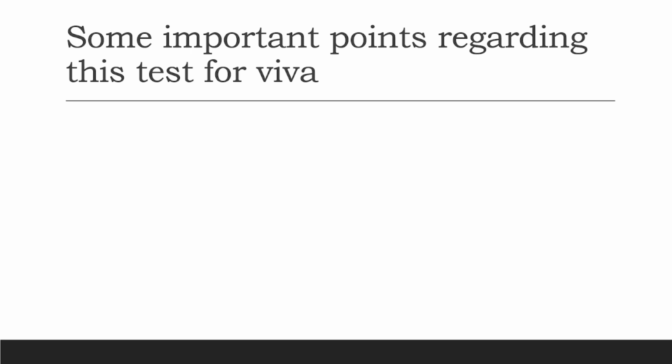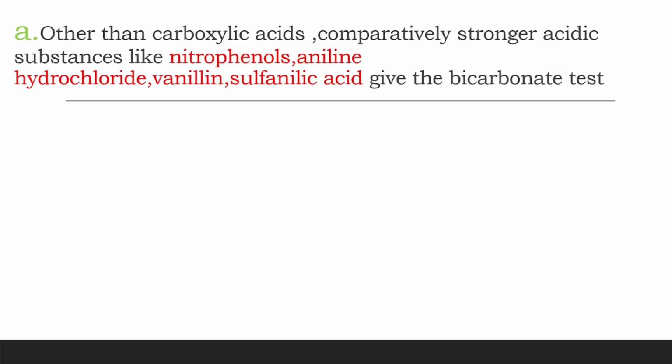Number one, other than carboxylic acids, there are some stronger acidic substances like nitrophenol, aniline hydrochloride, vanillin, sulfanilic acid that give the bicarbonate test. Like nitrophenol, here is the structure of nitrophenol. The structure of aniline hydrochloride is, this is aniline and this is aniline hydrochloride.